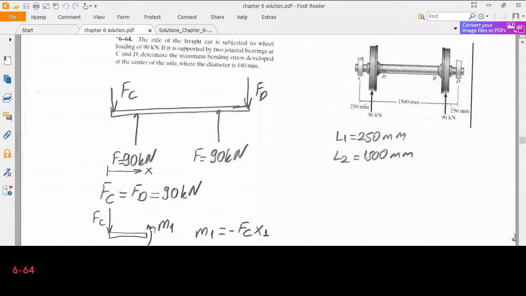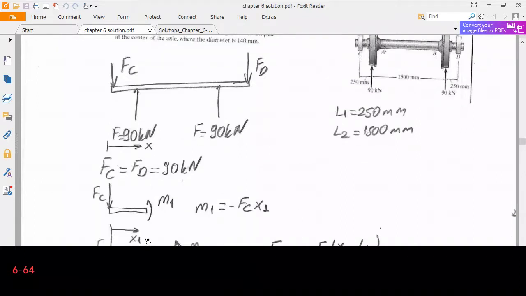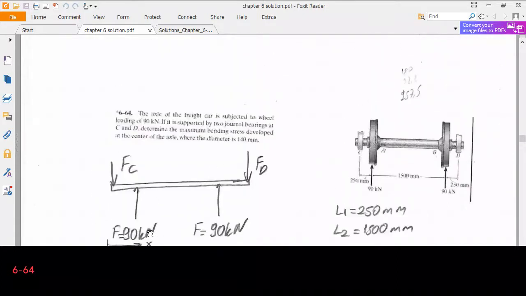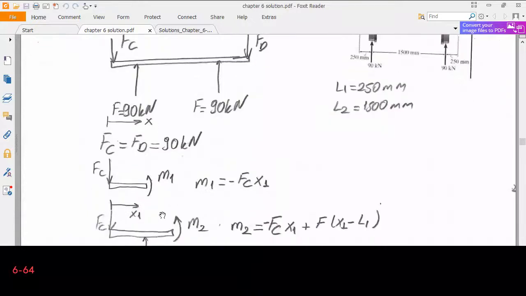Now if you write the static equilibrium, certainly you will find that M1 is equal to minus Fc multiplied by x1, if you say that x1 is the coordinate beginning from C. Okay, now next we will cut the structure between A and B. Now I have the reaction force Fc, then force acting on the wheels, then the bending moment in this region.